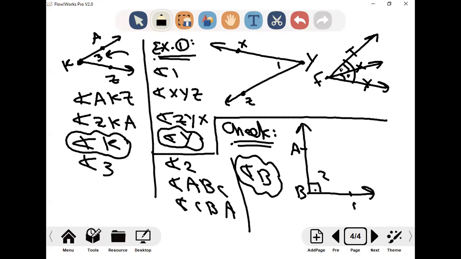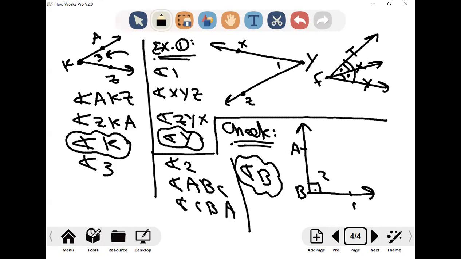So here XFT or TFX. If you want the whole angle, TFY or YFT. So you cannot use the letter alone if you have more than one angle sharing the same vertex. Get it? Done with this check. Copy it.